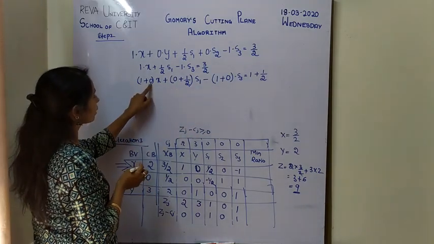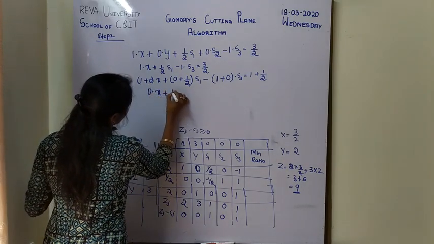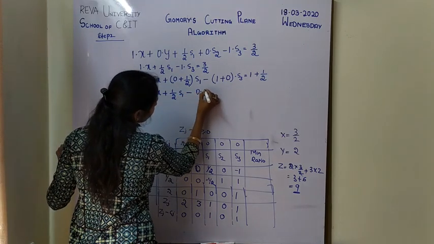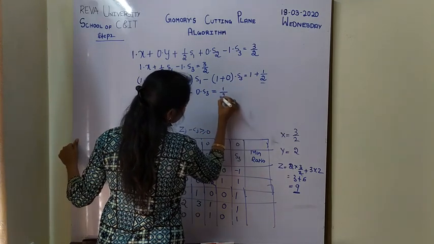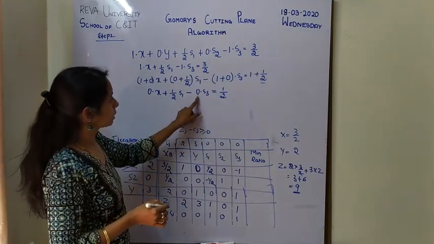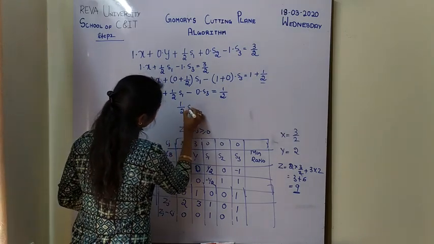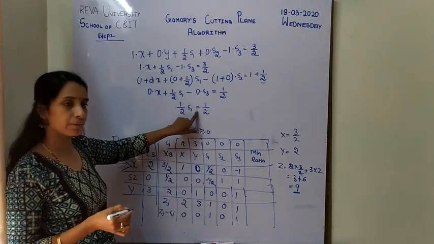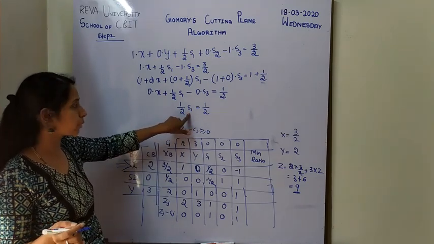So if I consider the fractional part, this is 0 into x plus half into s1 minus 0 into s3 equal to, here the fractional part is half. So 0 into x becomes 0, 0 into s3 becomes 0, the remaining will be half s1 equal to half. And we can observe here for any value, s1 is an integer and it should be usually greater than or equal to 0.